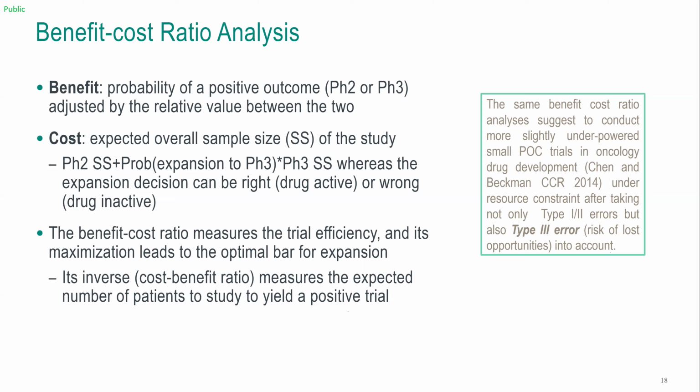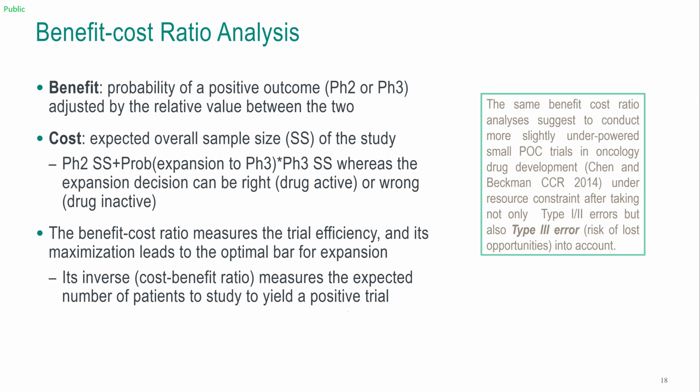So a lot of us are statisticians by training, or at least have some learnings in statistics, we often emphasize type 1 error, which is the false positive rate, and the type 2 error rate, which is 1 minus the study power, in designing a trial.